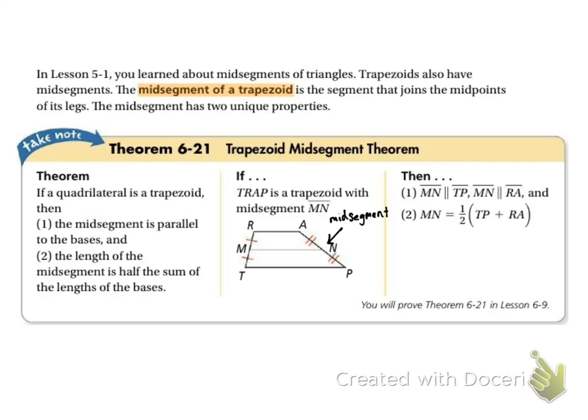Those three sides are parallel, so I can mark that. And I know that if I add this top one and the bottom one, so if I'm given their lengths and I add those, and then I take half of that, or I divide it by 2, that will give me how long my midsegment is. So the top plus the bottom, and then divide that by 2, that'll give me how long my midsegment is.